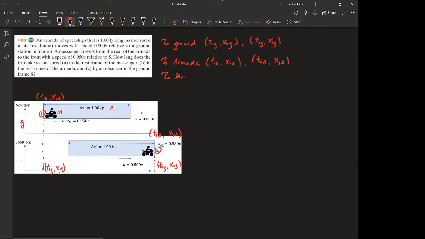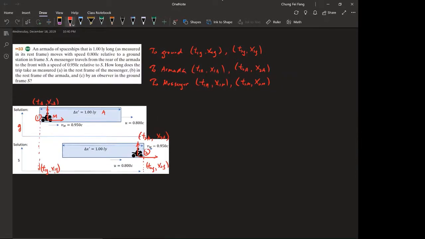And for the messenger, we also observe the first event happened at T1M and X1M. And the second event happened at T2M and X2M. But this coordinate system, of course, is attached to the messenger. So all three will measure the time interval and distance. For the ground, the time interval is delta TG, and the distance between the two events is delta XG.